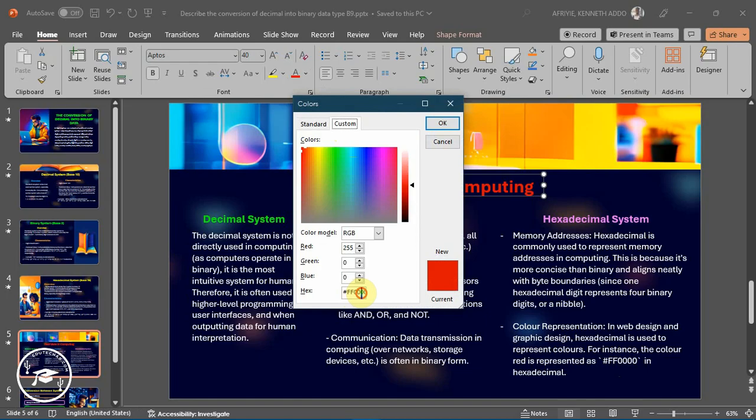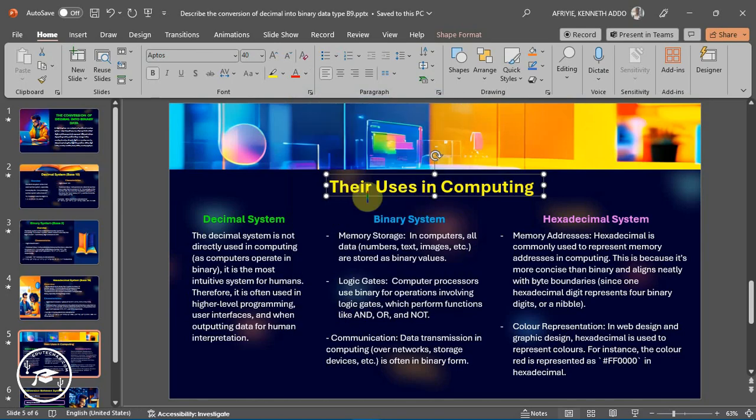Now let's do four F's instead of four zeros. Let's press OK. Then it changes back to our yellow. So to get yellow, you do FFFF00. To get red, FF0000. I want you to practice what will happen if you do all F's or all zeros. Great. So that is how we use hexadecimals to represent colors.